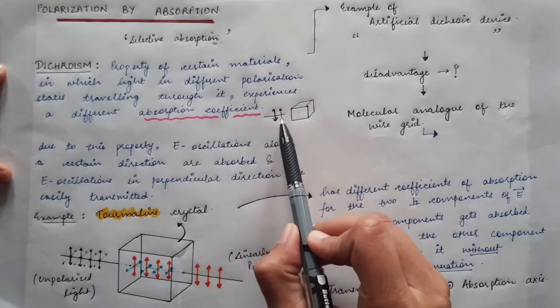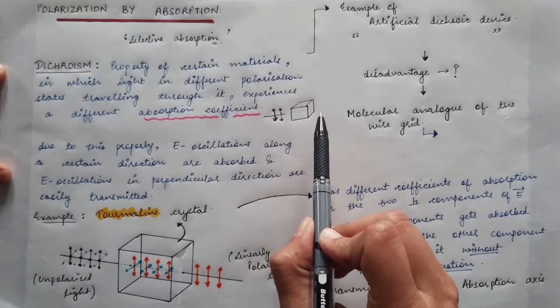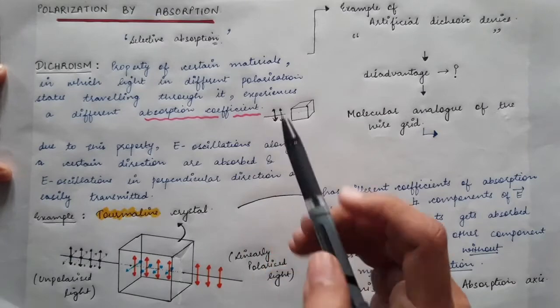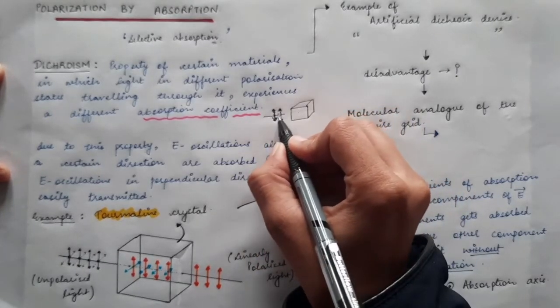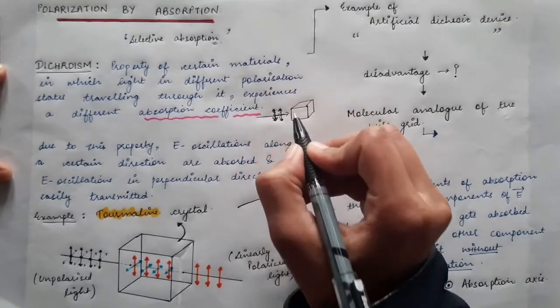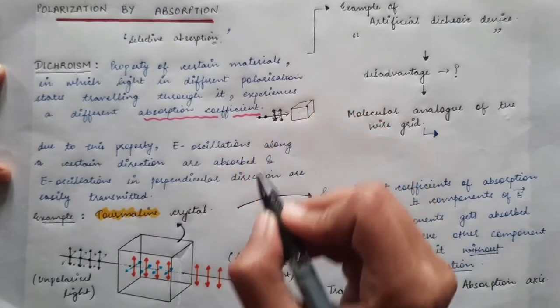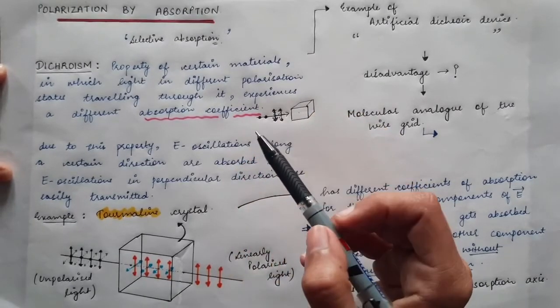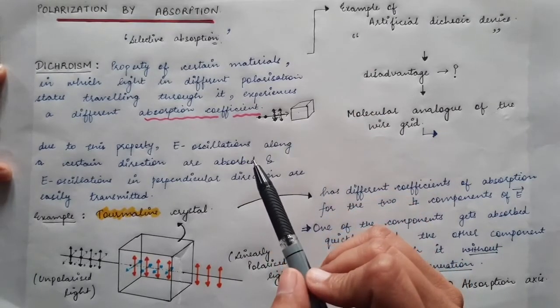If the vibrations of the electric field are in the plane of the paper, the material shows a certain absorption coefficient. Now let's say we make an EM wave which has vibrations of the electric field perpendicular to the plane of the paper, and we make it fall on this dichroic material.